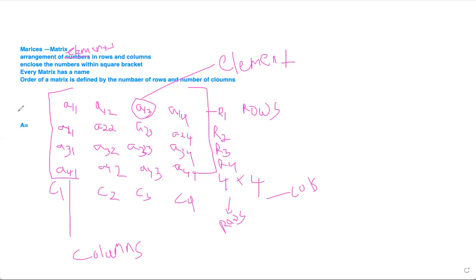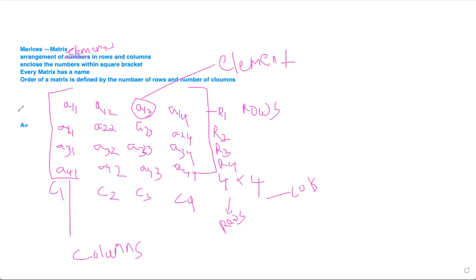Any doubts here? Any doubts? Did you understand by looking at this? No, ma'am. Is that no doubts or no understanding? No doubts, ma'am. Okay. Shall we proceed? Yes, ma'am.